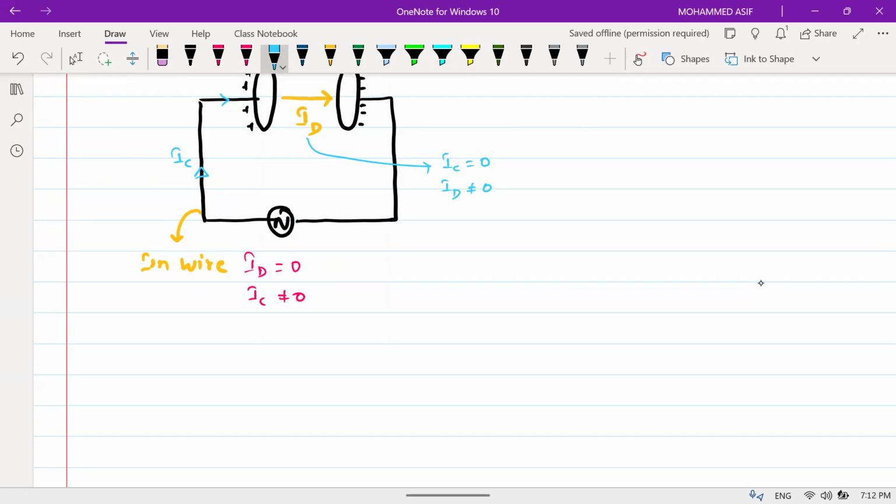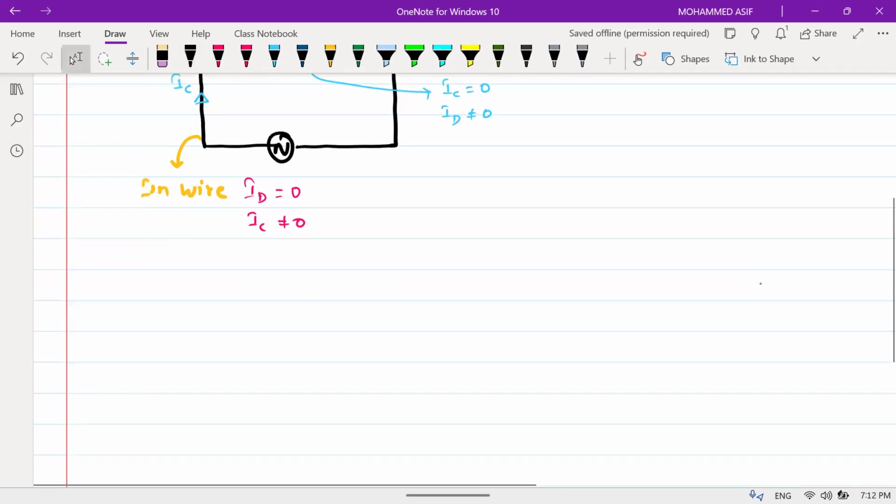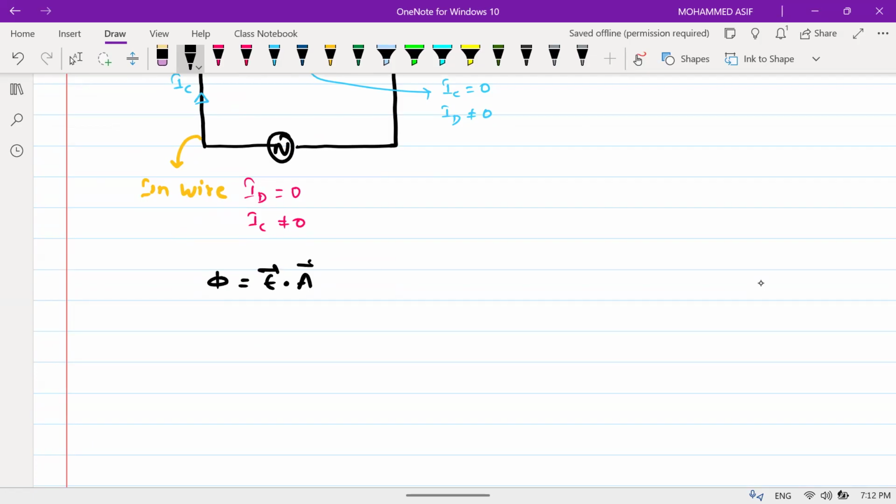So in a wire there is only conduction current, beta. There is no displacement current. Because of the change of electric lines in between them, current is being produced. So flux is equal to E bar dot A bar. Between the capacitors, because of the change in the electric field passing through the given area, a flux is created, that is equal to E bar dot A bar.